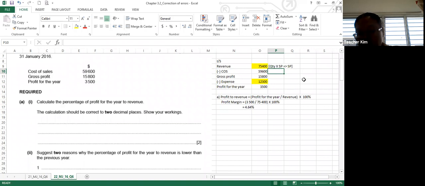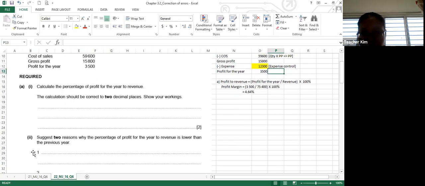When I come to the cost of sales, same thing: quantity times the purchase price. So try to use the purchase price to talk about the impact. Another is that I skip the other income, because most of the time a company's other income is not so material compared to the revenue. So this one you can talk about expenses control. These three points we can use to answer here.